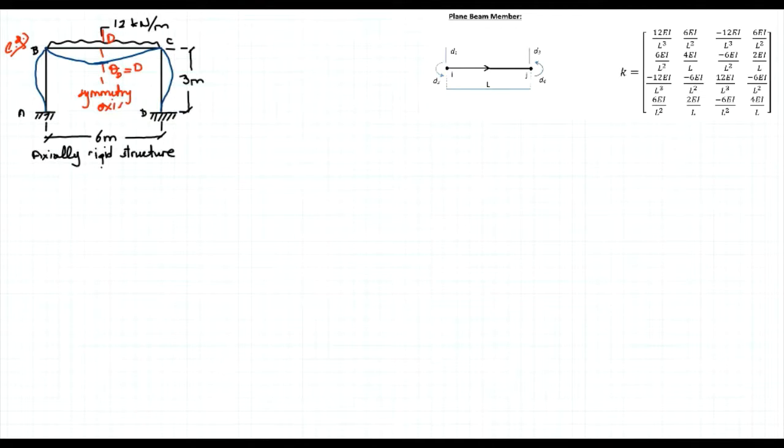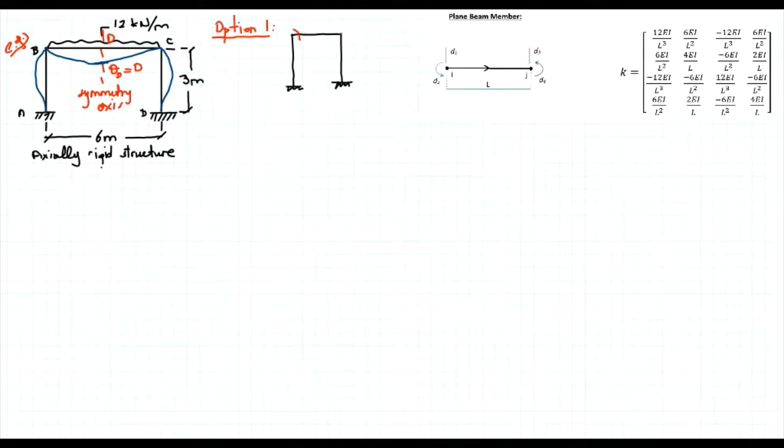So let's try to analyze this structure. There are two ways of solving it. Let's take all the options. Option 1, we can just do a classical solution. If this is my structure, I know that there won't be any translation.